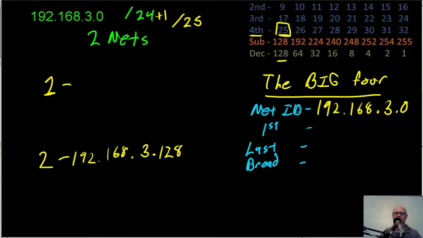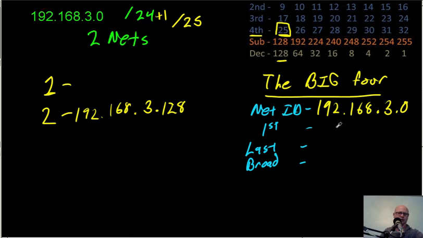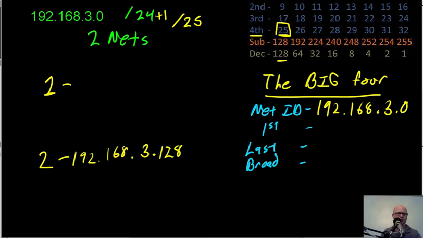Now our first usable is going to be our net ID plus 1. Remember that the IP address is a 32-bit binary number, so plus 1, we're actually adding 1 to the end of that IP address.